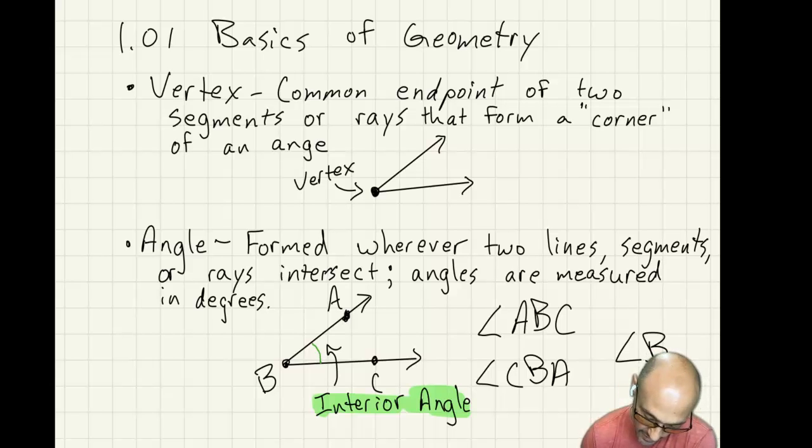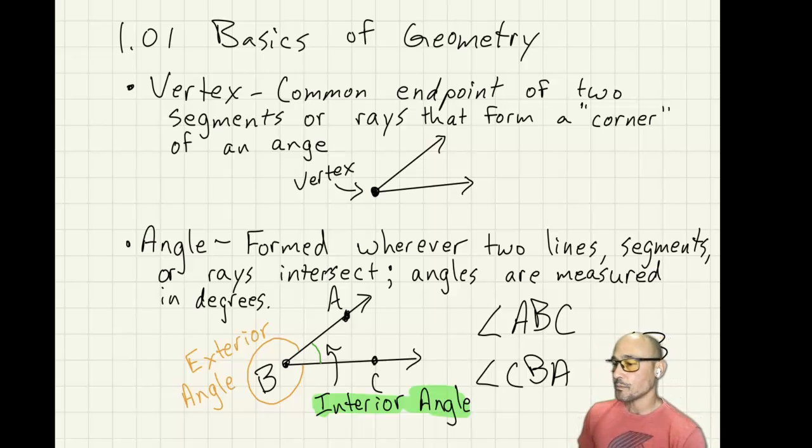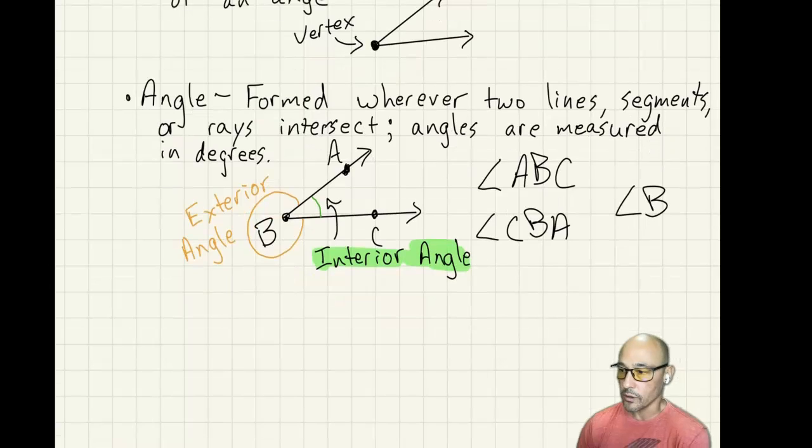And then out here, oops, wanted to have an orange pen, not a highlighter. Out here is the exterior angle. So interior means inside, exterior means outside. And one thing to know is that an interior angle plus an exterior angle totals 360 degrees, because that's all the way around.